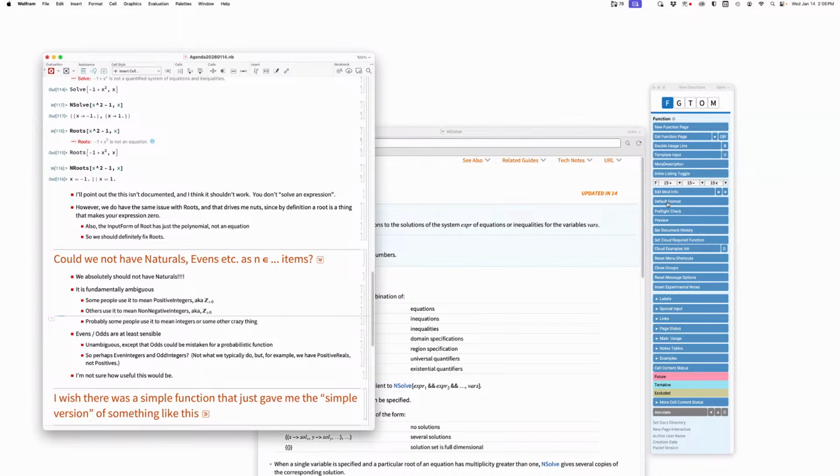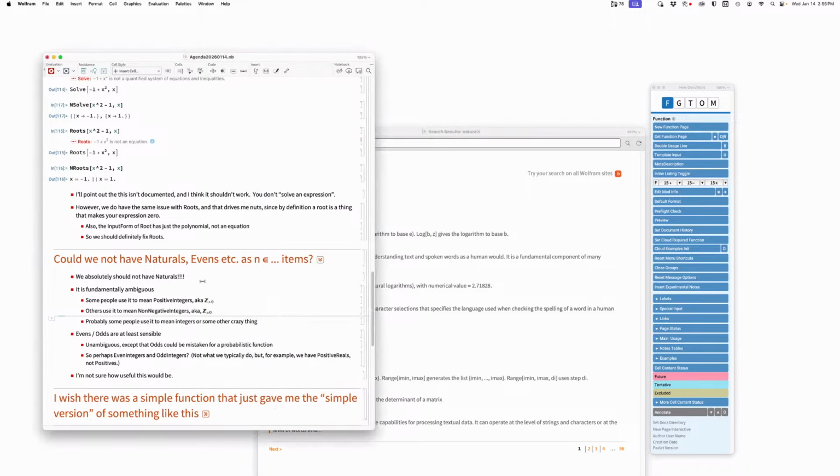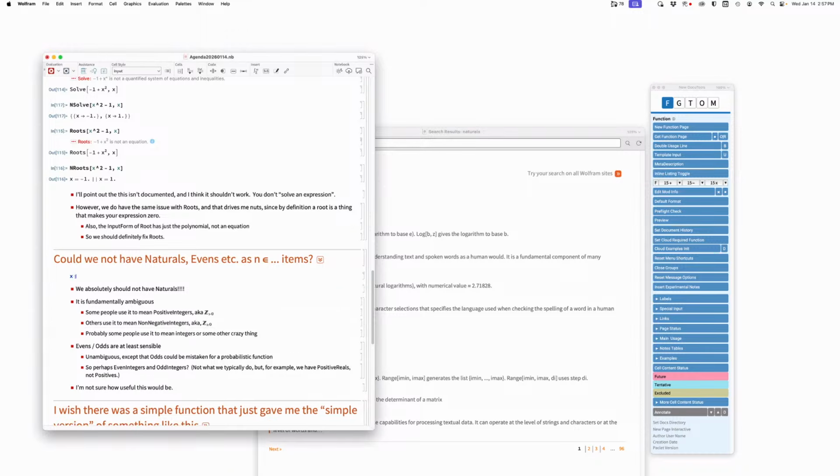I'm not sure if naturals was there, but certainly natural numbers was there as a keyword, so I don't know why. Well, we probably want to make naturals a keyword, and hopefully it will work then. Natural numbers also doesn't work very well either. So that's a separate issue.